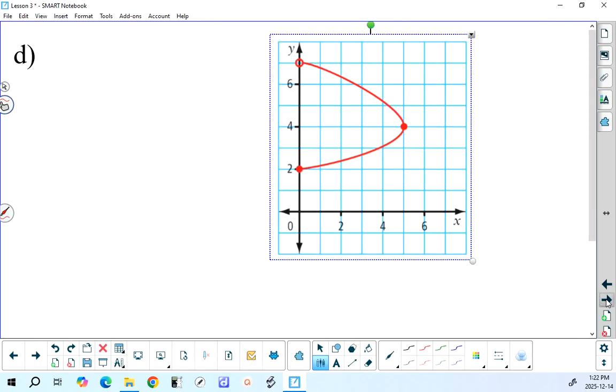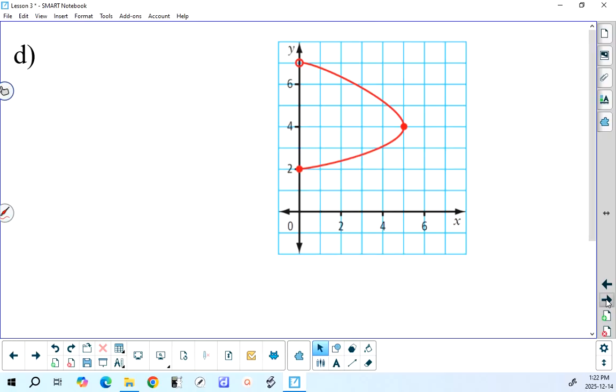Interesting one here. Let's talk about the domain first. When you're talking about minimums and maximums for domain, you're always looking to the left and the right. Wherever the left-hand part of the graph starts, that's where the domain starts. And we can see there's an x-coordinate of 0 being the minimum.